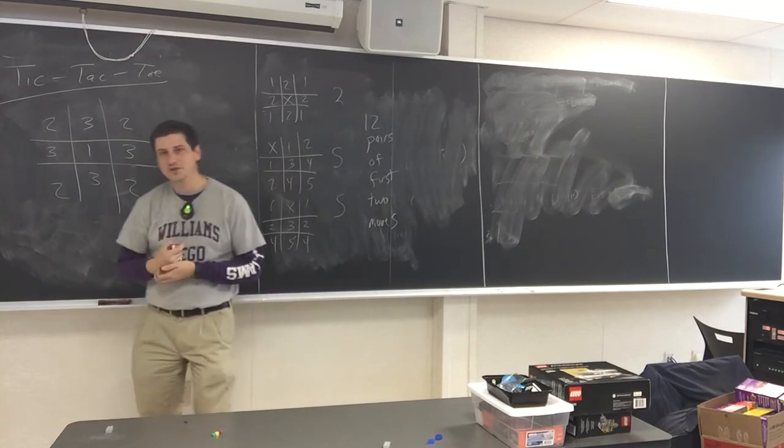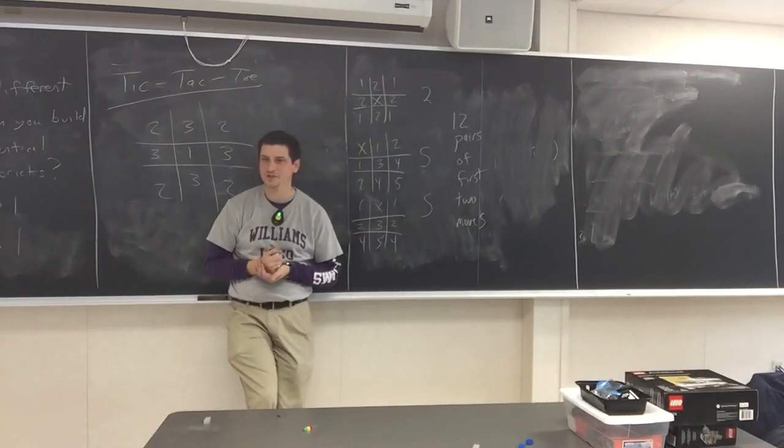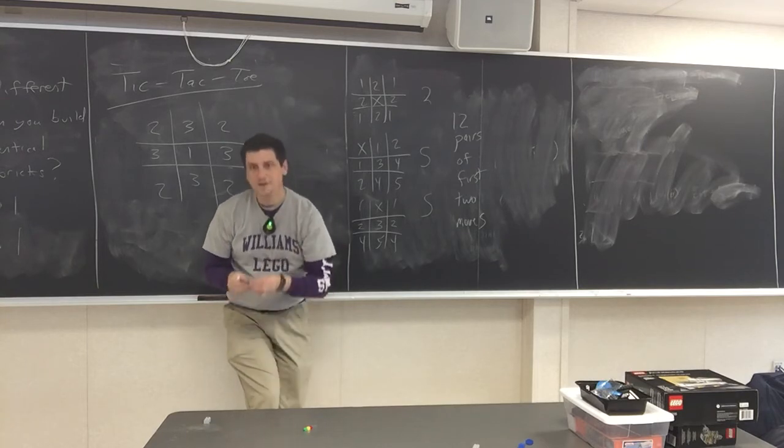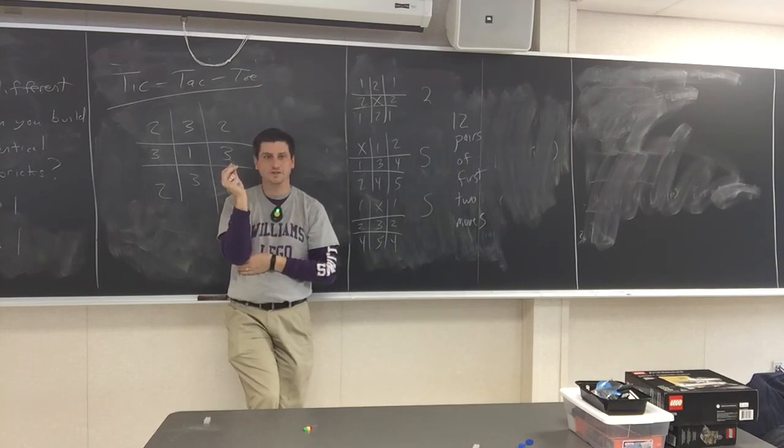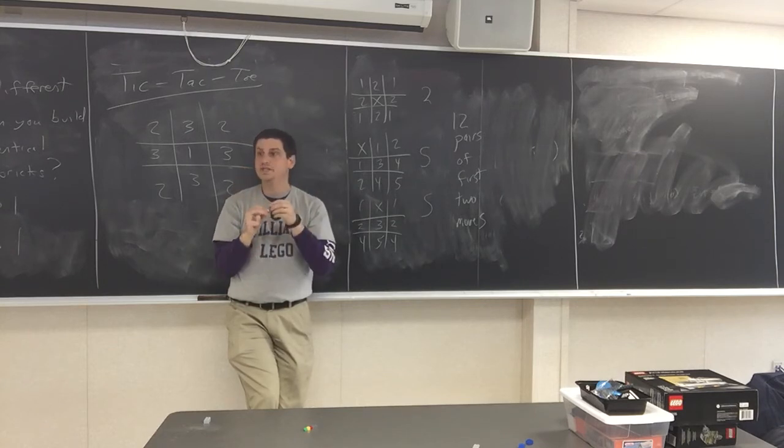So why do you think I'm talking about tic-tac-toe after talking about Legos? How does this connect with what we were doing a few moments ago? What's its relation to this? So we said we're not counting.